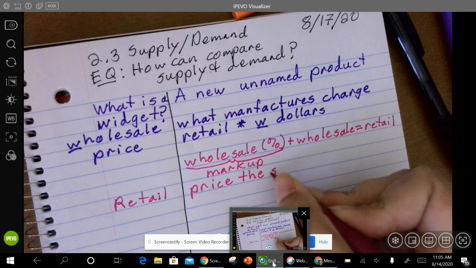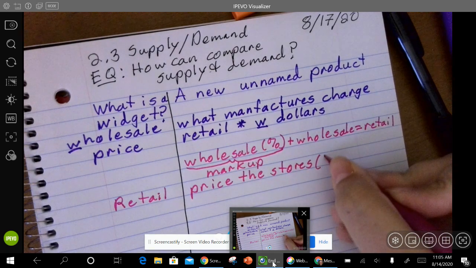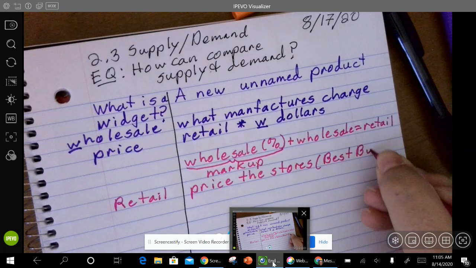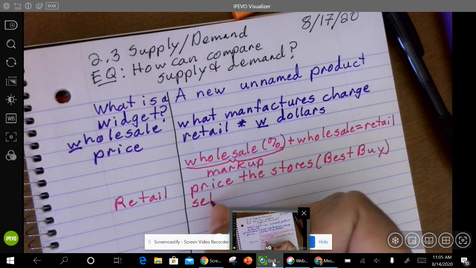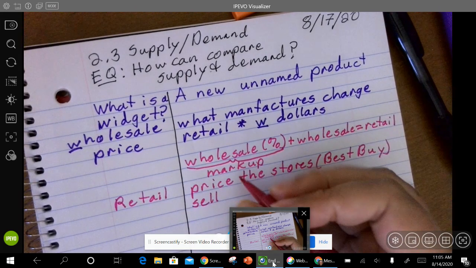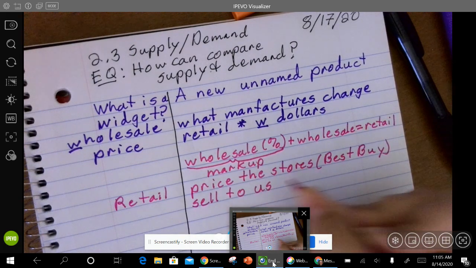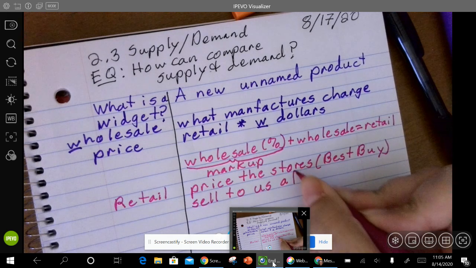So even online stores like Amazon, we'll use the example of Best Buy, that's the price the stores sell to us, so that's the price that they charge us after they mark up the price.